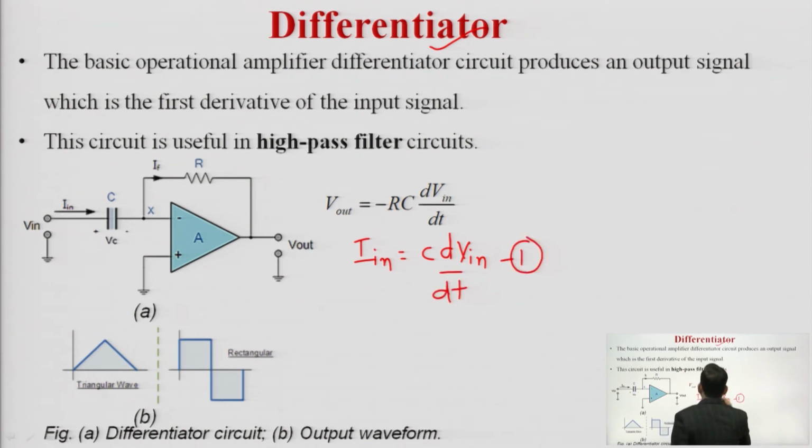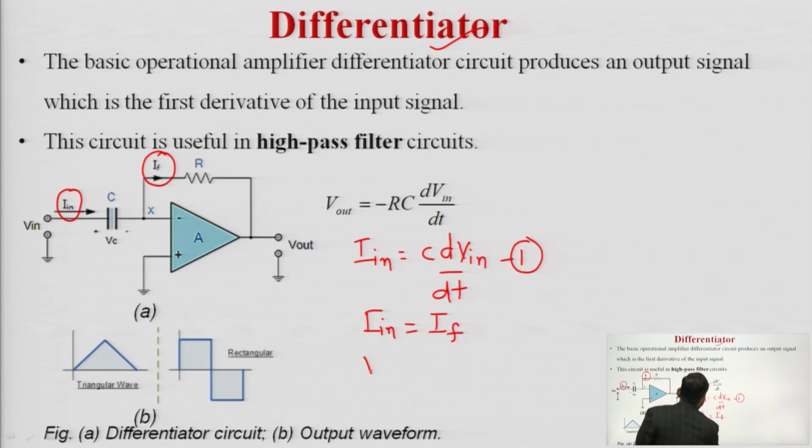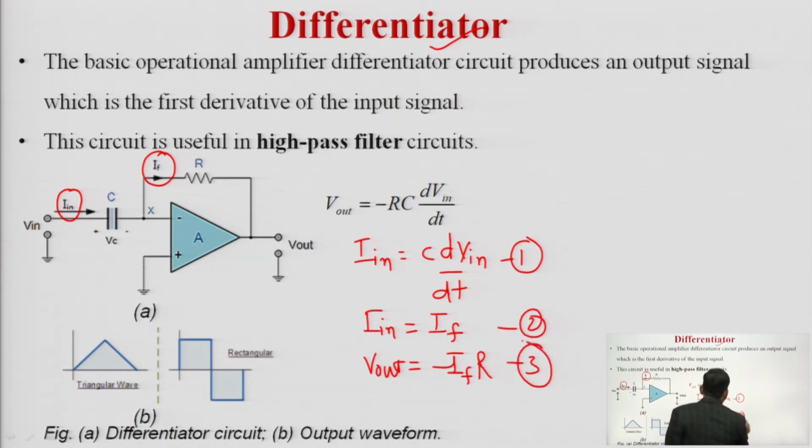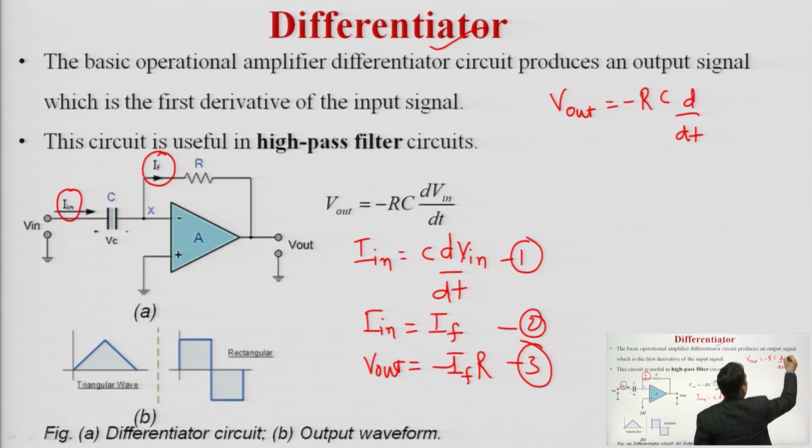This is the first equation, and naturally this I in is equal to IF. One more thing, we have V out equals minus IF multiplied by R. On utilizing these three equations, we achieve the relationship V out equals minus RC d by dt of V in.